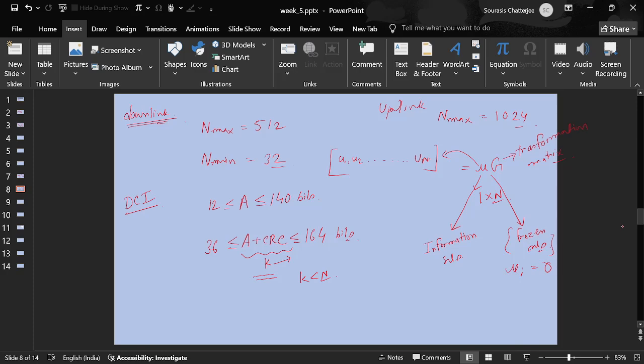And what is the possible DCI length for uplink? 1706, right? So that's clearly more than your nmax, so that is why you need to go for segmentation in that scenario. But here we don't need it.